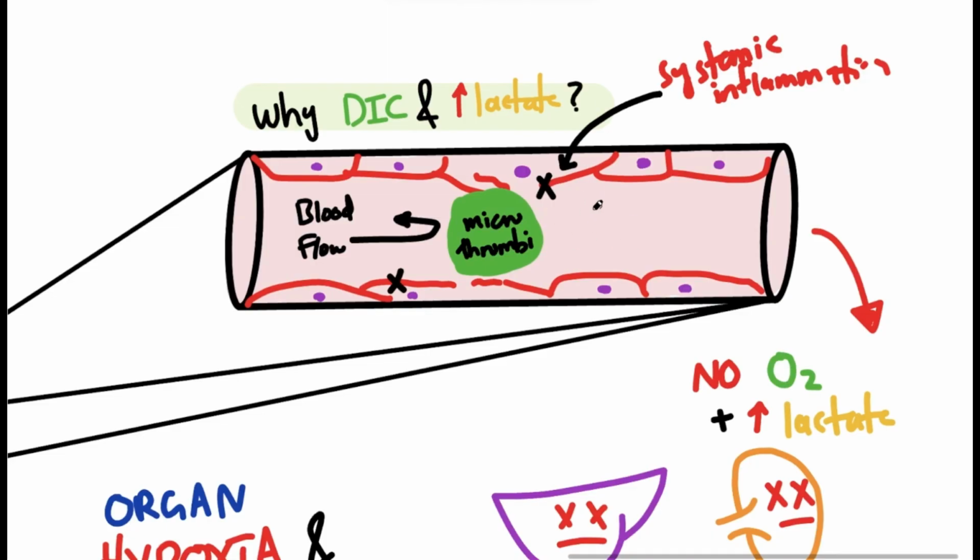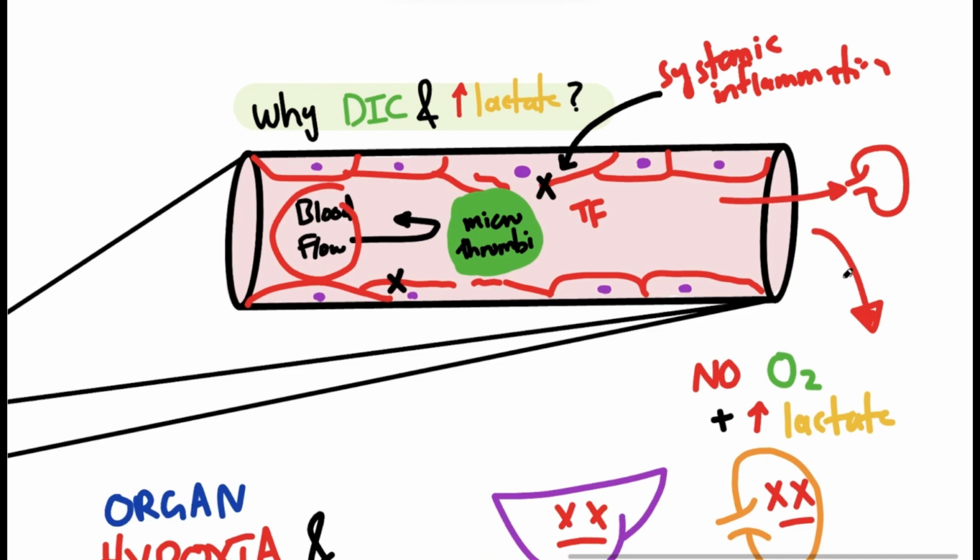So what we have here is that the tissue factor is going to be exposed, and that is going to lead to coagulation. So we form a microthrombus here, and this microthrombus is, as you can see, blocking the blood flow. So imagine here you have an organ, and you're blocking the blood flow to an organ.